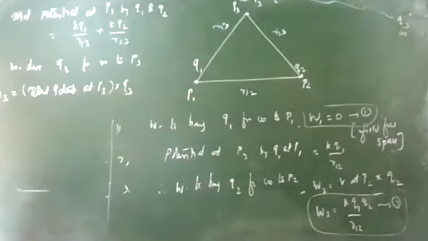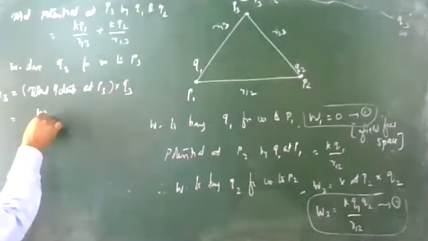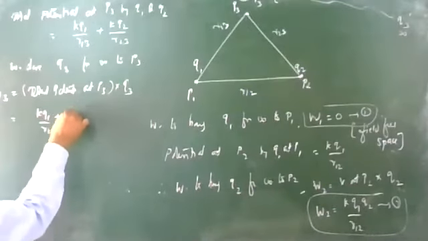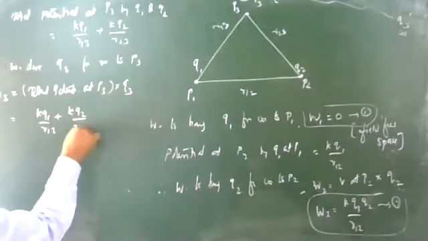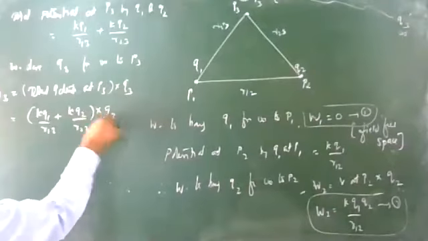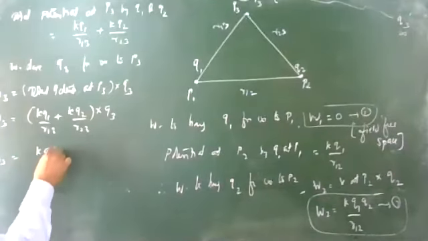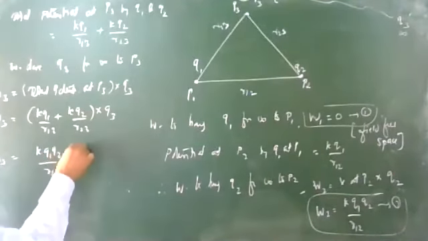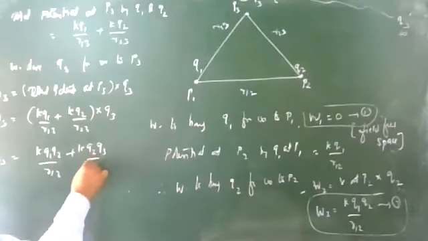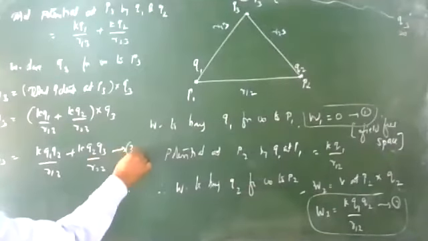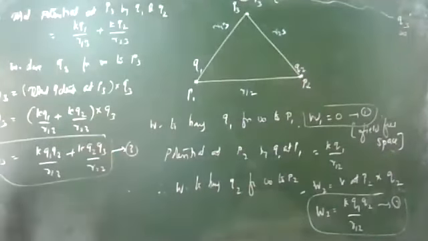So the potential at P3 is K Q1 by R1 plus K Q2 divided by R2, times Q3. The total work done to bring Q3: W3 equals, open the bracket, K Q1 divided by R1 plus K Q2 divided by R2, times Q3. This is equation number 3. So this is the work done to bring the third charge.